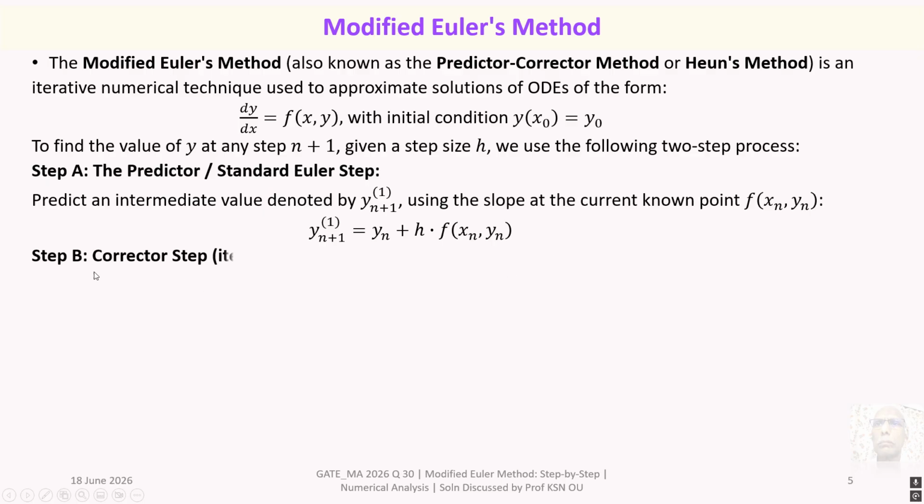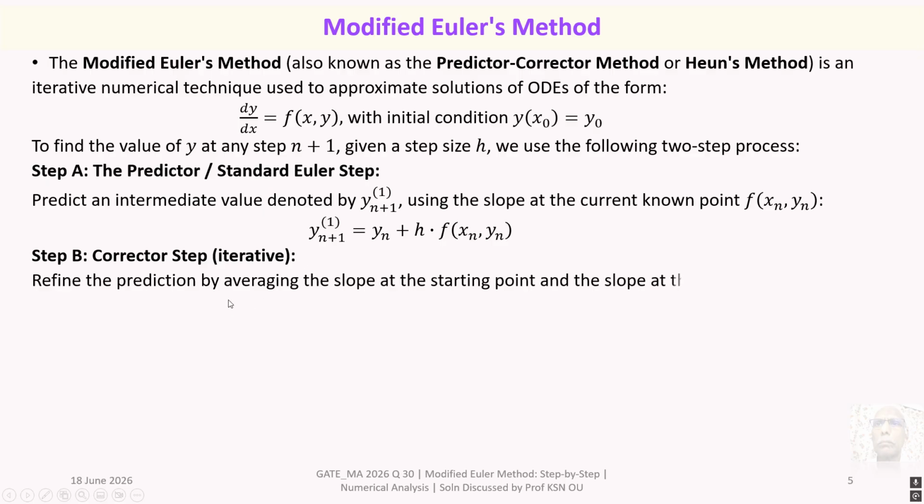Now, step B, corrector step, an iterative step. Refine the prediction, the above one, by averaging the slope at the starting point and the slope at the newly predicted point.